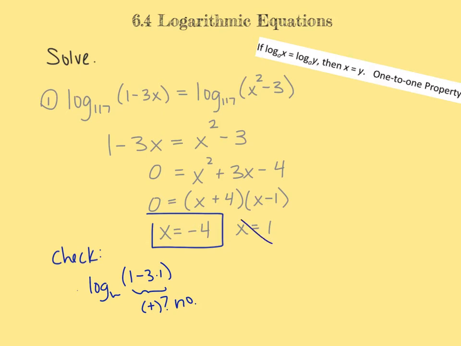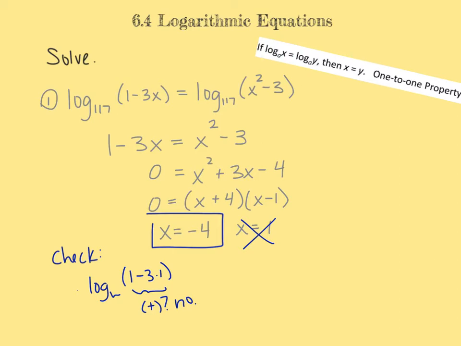So 1 cannot work. With problems that have restricted domains, like logarithmic functions, we do always have to check to make sure that the answers that we get from just the pure mathematics work in the context of the specific problem we're dealing with. When we had exponential equations, we didn't have any issues with that because we can plug in any number into an exponential equation.